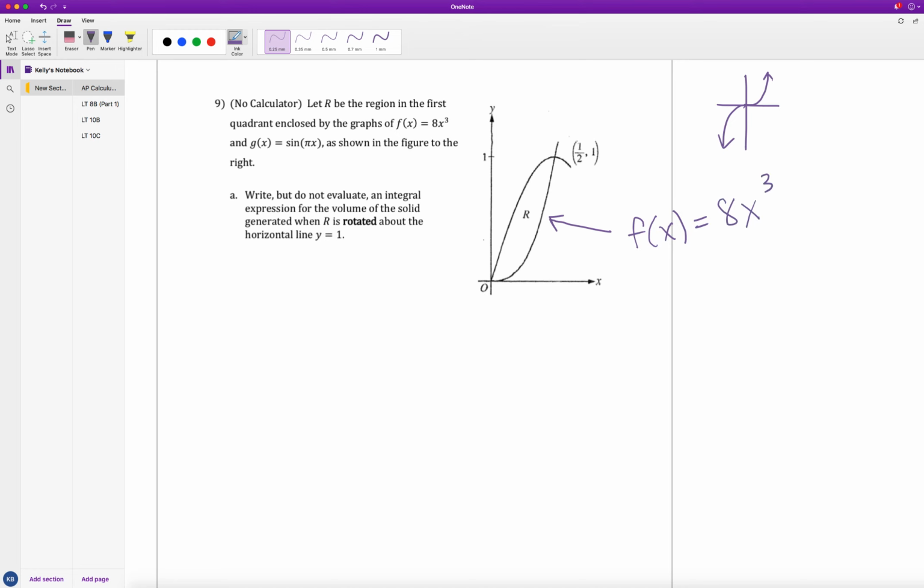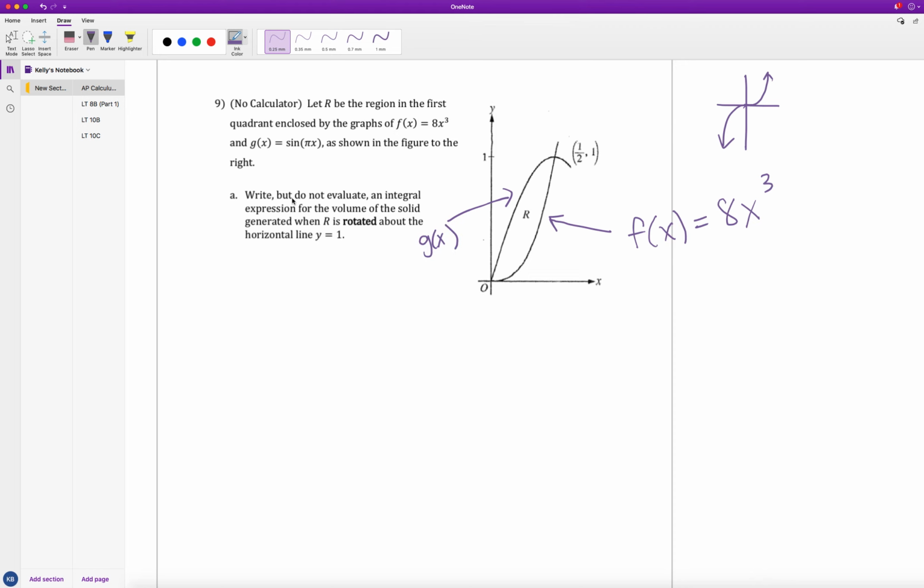The sine of x, remember we had in our last example, curves up and around and it would keep going, so that curve right there is going to be sine of x. Now, I'm going to label this in another portion so that I'm not intersecting what we're about to rotate by. So that curve right there is g of x, which is the sine.